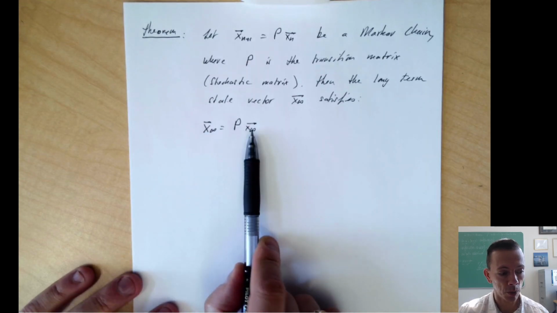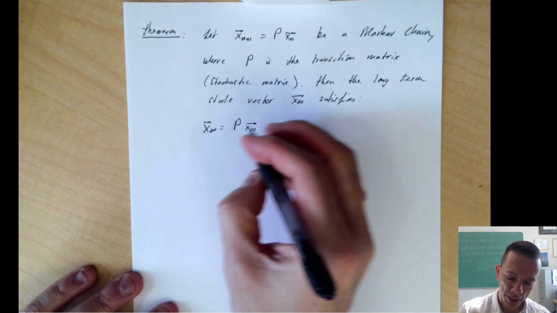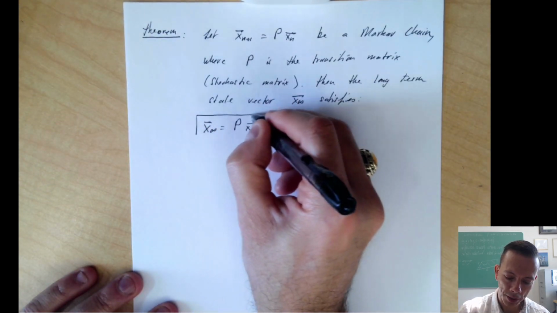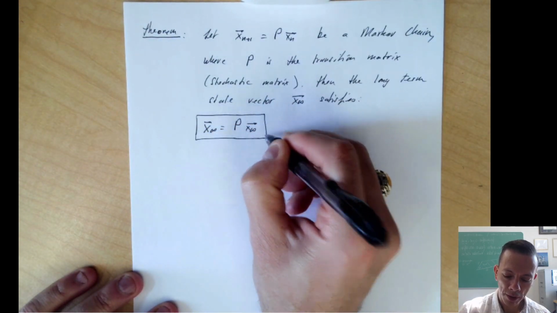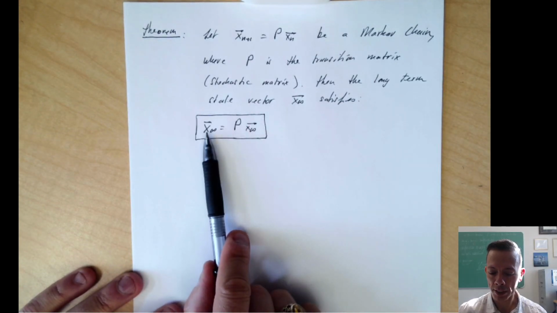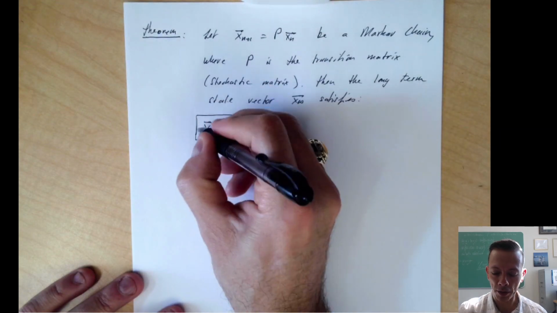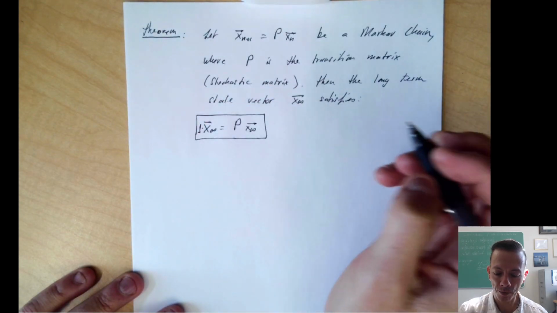So you have this equation right here. You can also view this as the definition of an eigenvector and eigenvalue. This simply shows that x infinity is actually an eigenvector of P corresponding to the eigenvalue of 1.